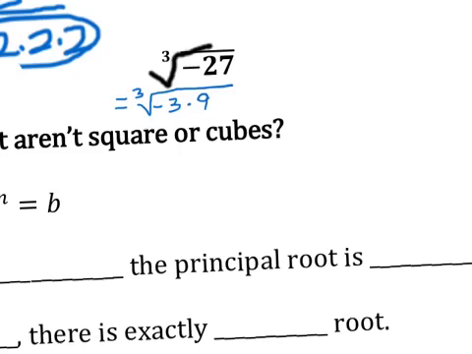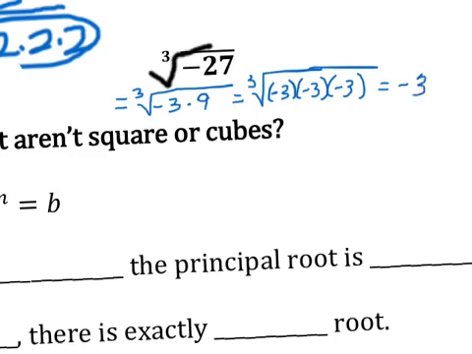Well, that's only two negative numbers, but isn't 9 the same as negative 3 times negative 3? It is. So negative 3, negative 3, and negative 3. That means the cube root of negative 27 is negative 3. You can have a negative cube root, but you cannot have a negative square root.